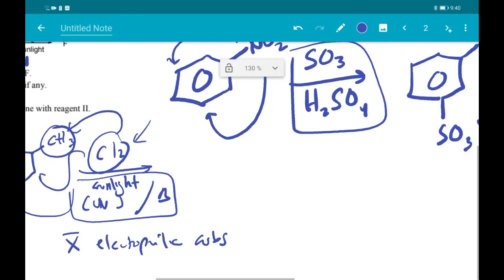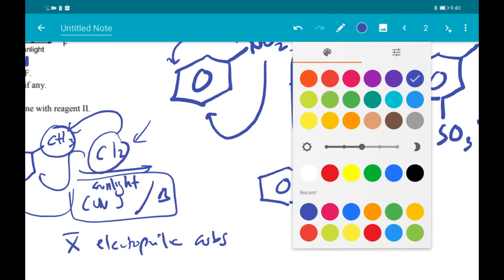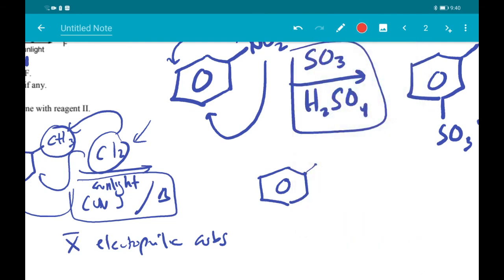So what we're going to get is, we just draw back the structure, and then the CH3 will release one of the hydrogens, and then we're going to add the chlorine from the Cl2 towards the CH3. The H that is eliminated from the CH3 will combine with another chlorine atom which comes from the Cl2.